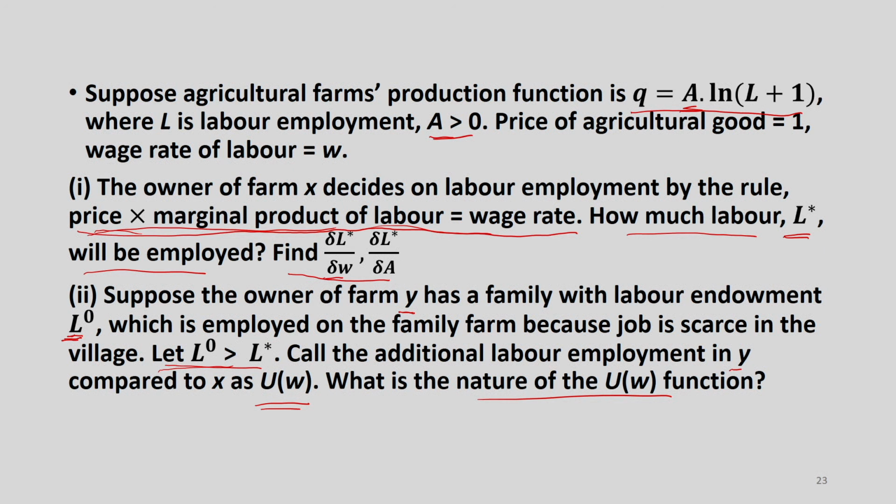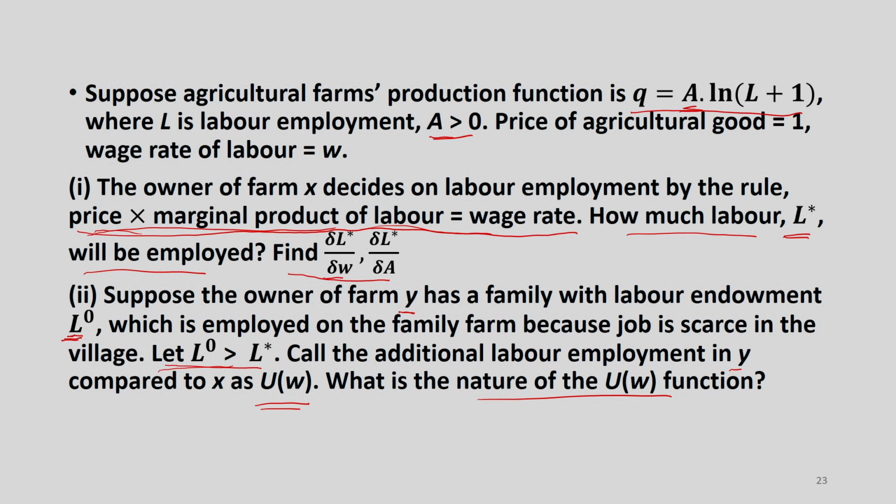On the other hand, a firm might be owned by a family, and the family has plenty of labor to employ, and since there is unemployment in the economy, that family endowment of labor will be put on the firm, because jobs are difficult to come by.